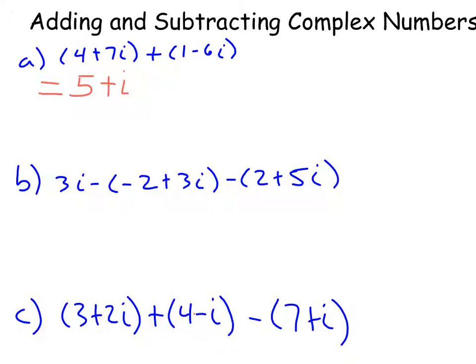Those two complex numbers added together give you 5 plus i. But you can treat the numbers in the sense that the real numbers are like terms and the imaginary components are like terms. That'll work. You can combine the imaginaries and the reals, but you can't combine them together.